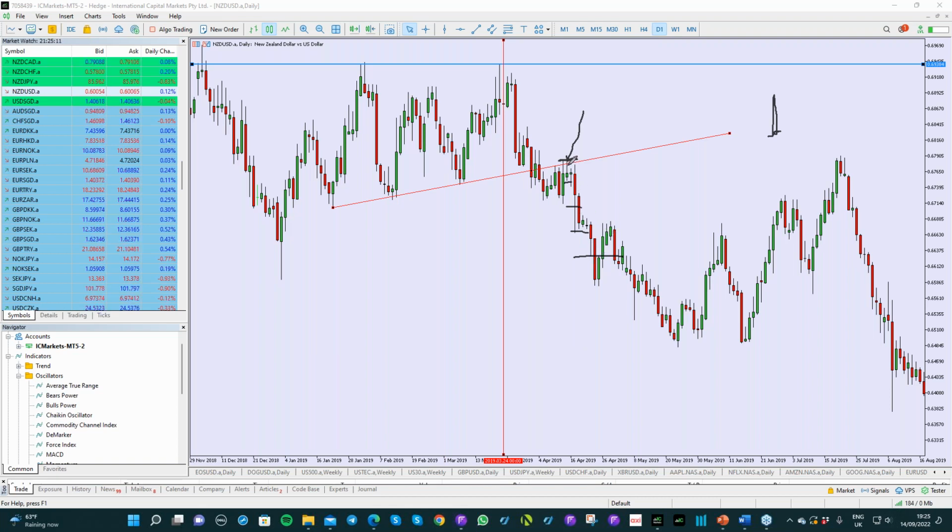That gives the move a chance to move down and then pull back, and then potentially we could find another entry based on another candlestick looking fairly similar. One of these two could be another potential option, one of these ones as well, bearish candlesticks.